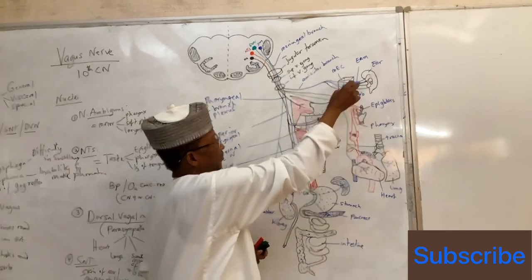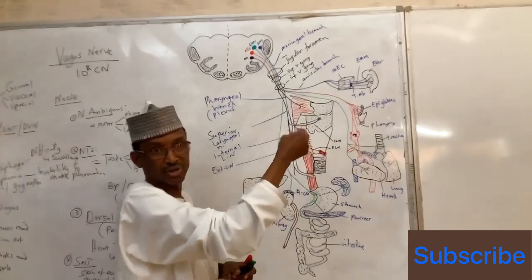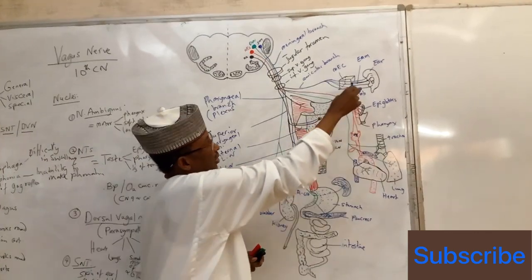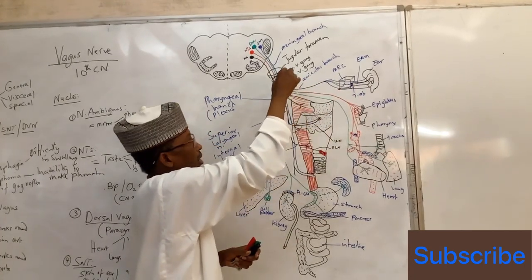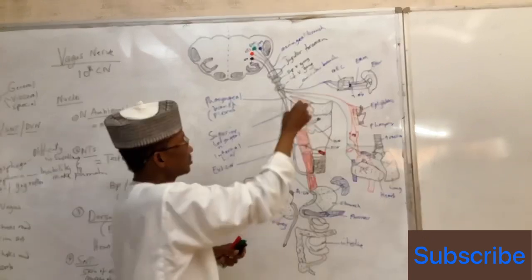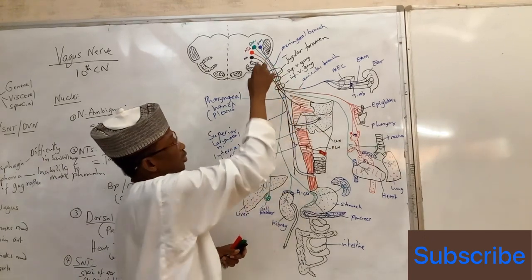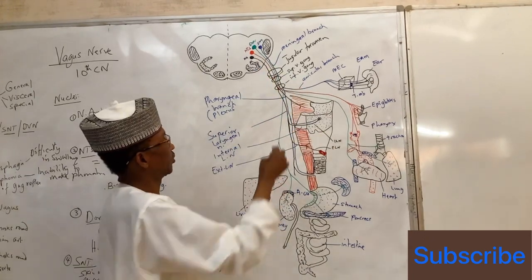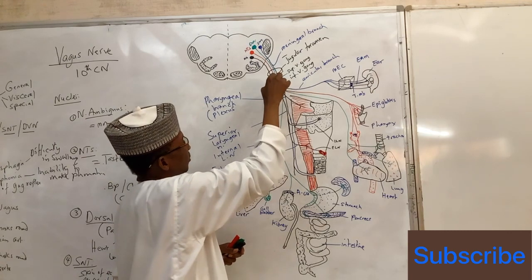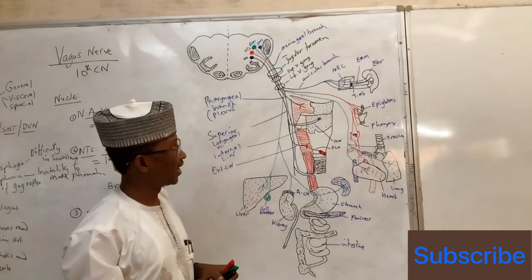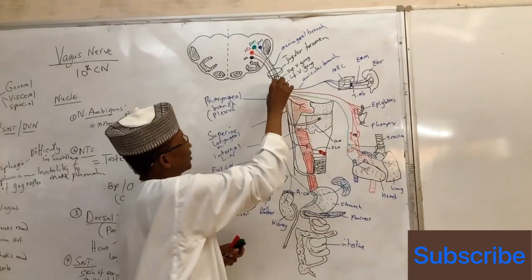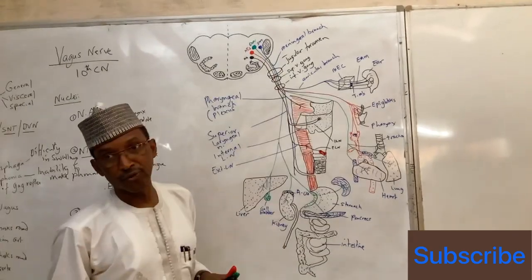All this sensory information of pain, temperature, touch, and pressure is taken through the auricular branch of the vagus nerve. And so it passes into the vagus nerve. It goes there and passes through both the inferior and superior vagal ganglia before finally it enters into the jugular foramen.